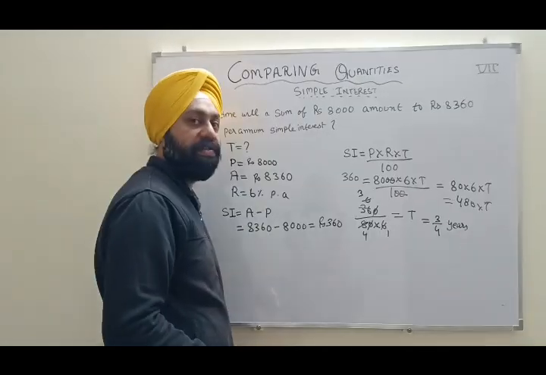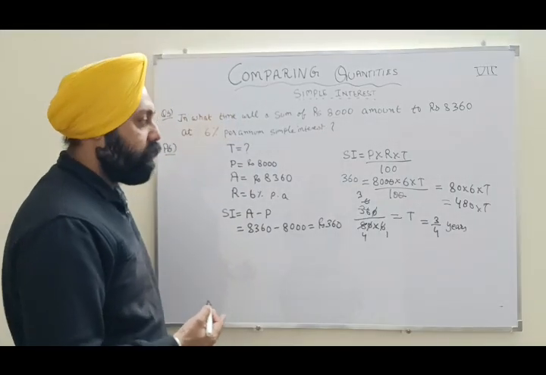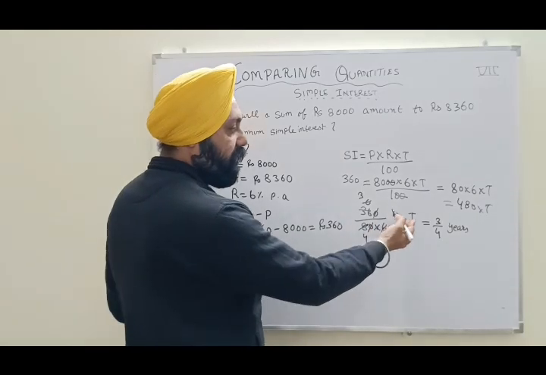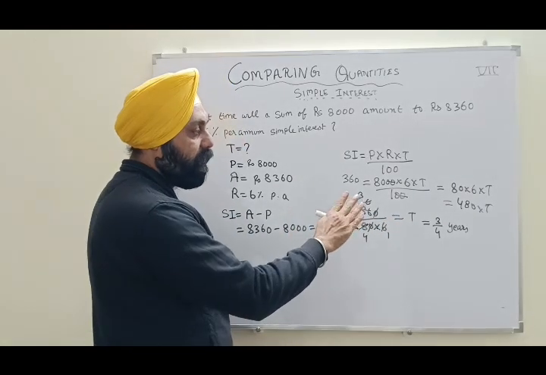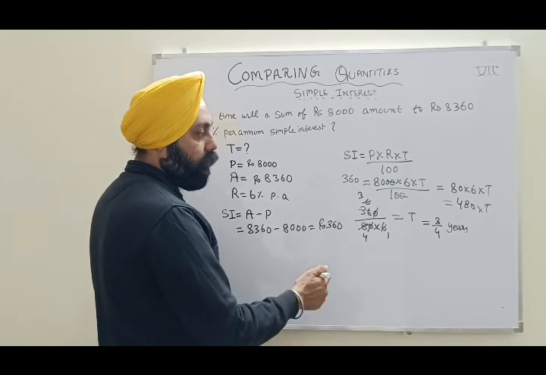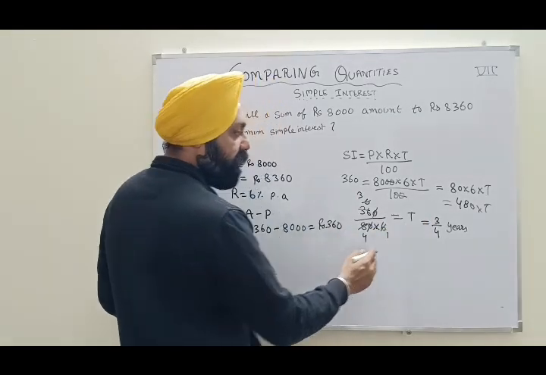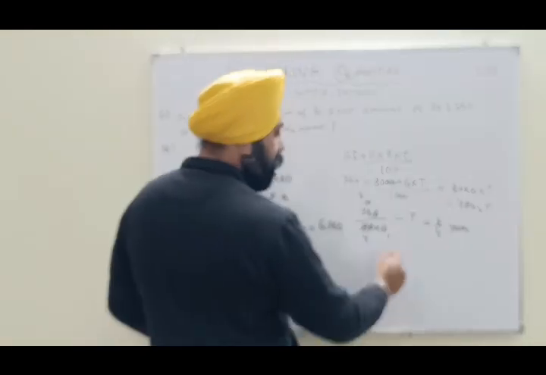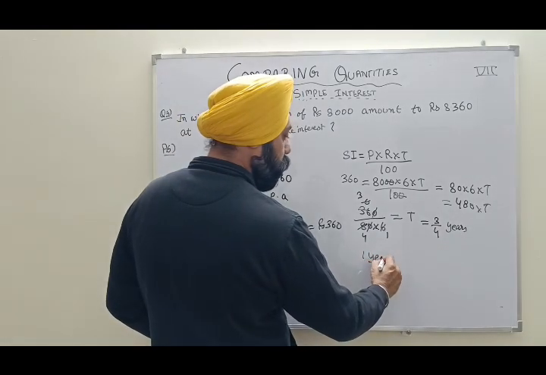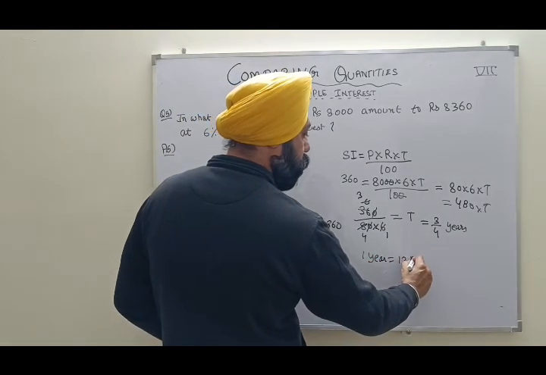But usually we don't represent time in fractions. So what we can do is convert this, because it is smaller than 1 year, into months. I have told you that whenever you are converting bigger to smaller, you multiply. So 1 year has 12 months.